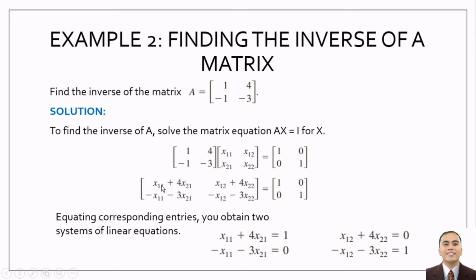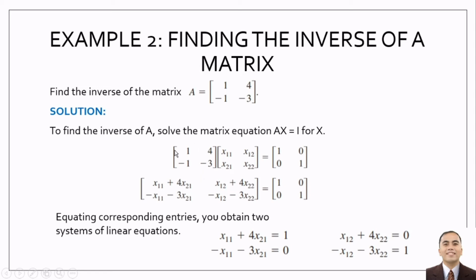Multiplying this, first row, first column: 1 times x11 is x11, plus 4 times x21 is 4x21.